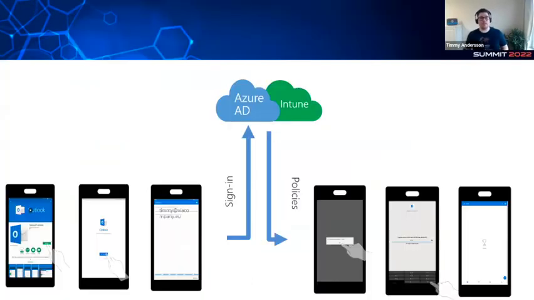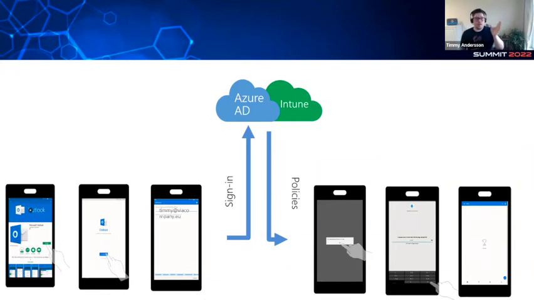So if we take a look at this example, what would happen in a MAM scenario is that the end user starts out by installing Outlook. If we look on the left side of the slide, the user installs Outlook. They then sign in with their corporate credentials, and that authentication gets redirected to Azure AD to check: is this a real user in our organization?